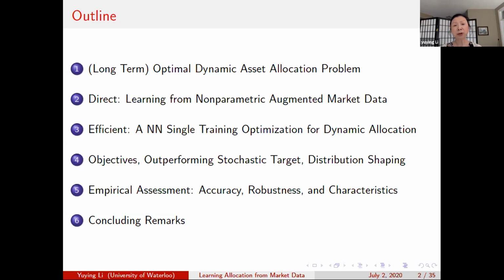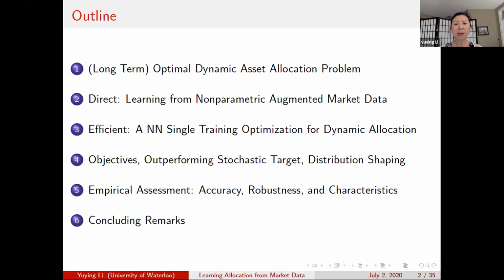Then I'll move on to talk about the approach we propose to solve this class of problem that is different from the traditional approach. In essence, we take a direct learning approach from the market data to determine the optimal allocation.